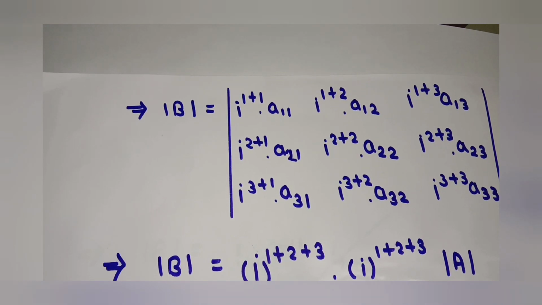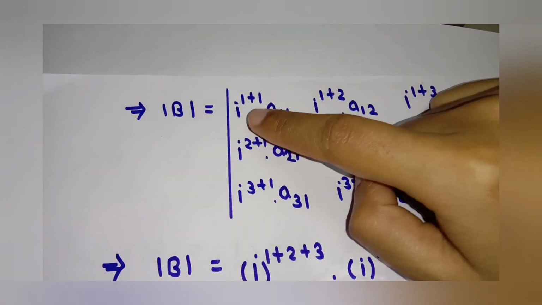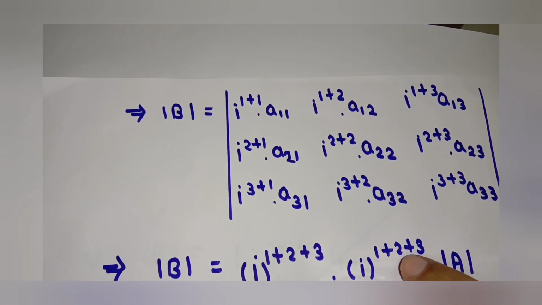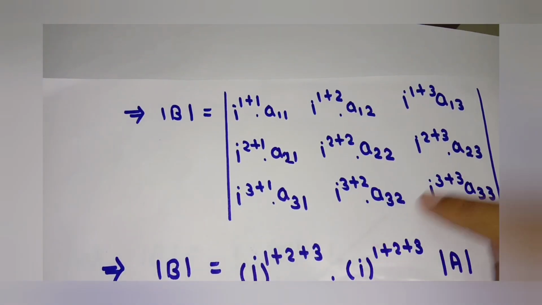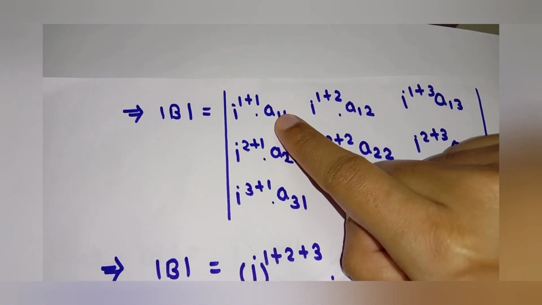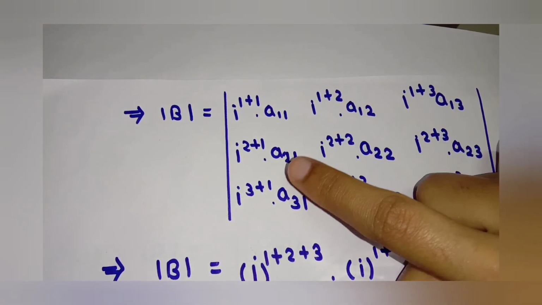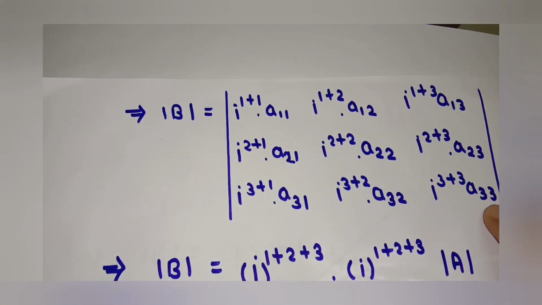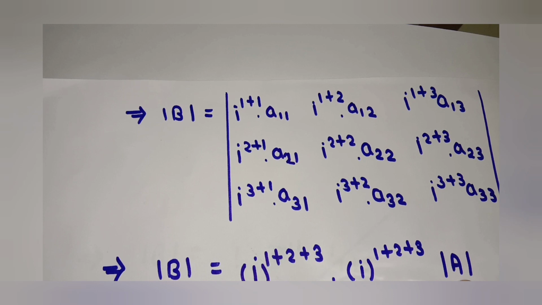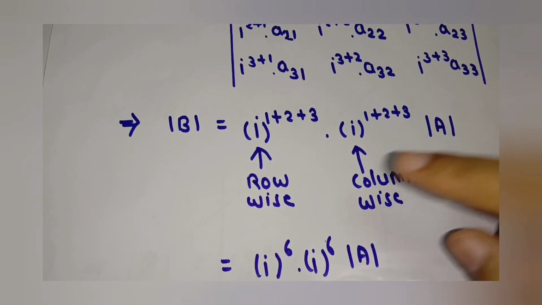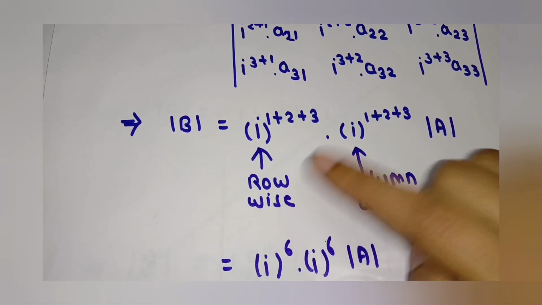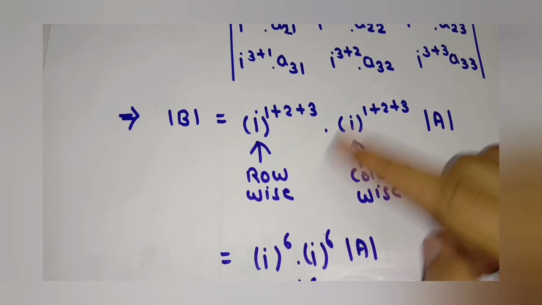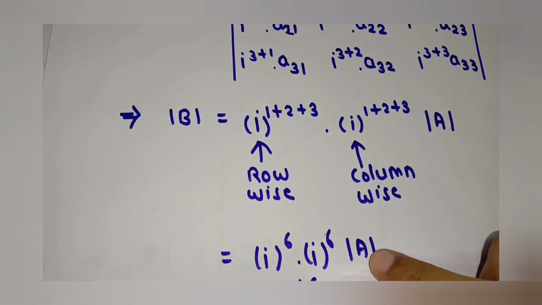Similarly, take i common from each column, that is first column, second column and third column, that is i raised to 1 plus 2 plus 3 into the remaining determinant A11, A12, A13, A21, A22, A23, A31, A32, A33, which is nothing but determinant of A. This first i is from row wise and this second i from column wise. Therefore i raised to 6 into i raised to 6 into determinant of A.